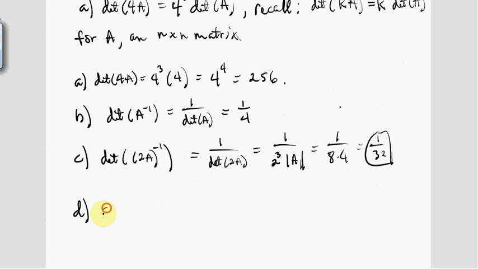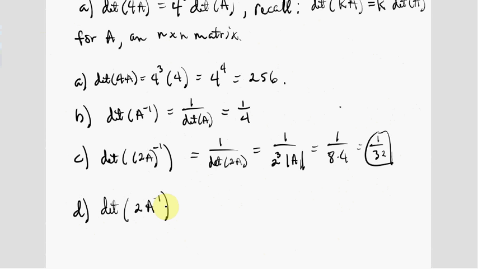So now, what about the determinant of 2 times A inverse? Now, this is the number 2 that's multiplied to A inverse. So it's still 2 times each term in the matrix. So I still have to factor out 2 to the third power.